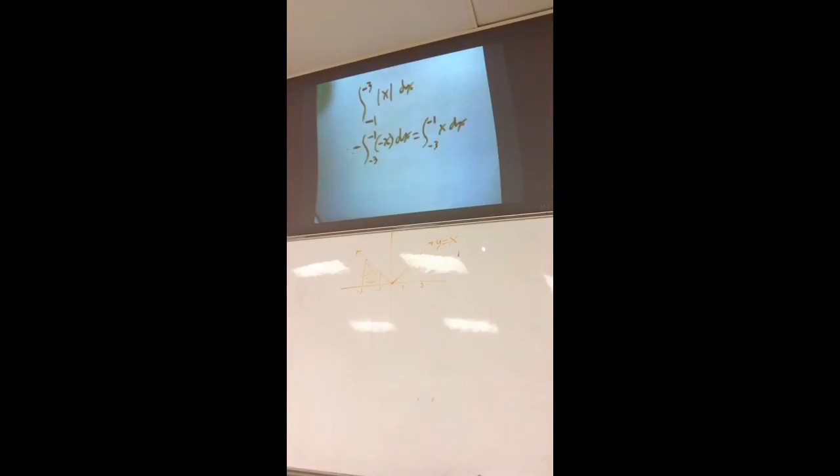All right, now, what is the antiderivative of x? It's x squared over 2, right? From -3 to -1.